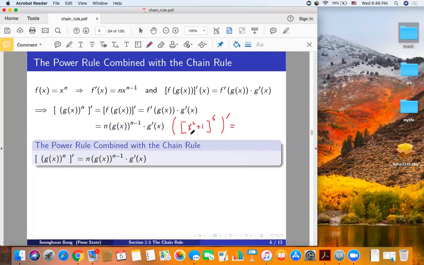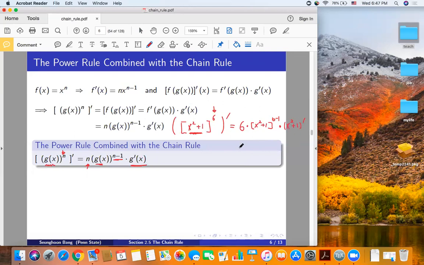Here, x squared plus 1 to the power 6 prime. This x squared plus 1 is exactly the same as g of x. The 6 is like the power n. The power n comes down, times g of x, the inner function x squared plus 1, to the power n minus 1, exactly 6 minus 1, times the inner function prime.